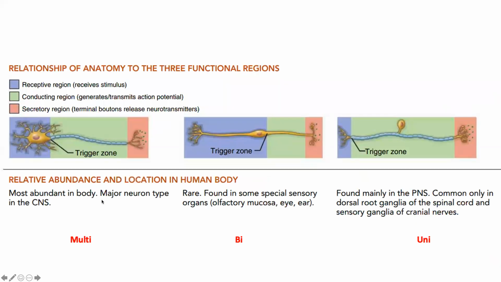So let's look at the different regions of the neurons in relation to their function. The cell body and the dendrites will receive the stimulus, they will detect the changes in their environment, and that information will be taken to the cell body.